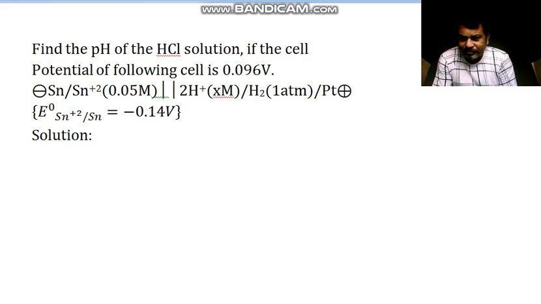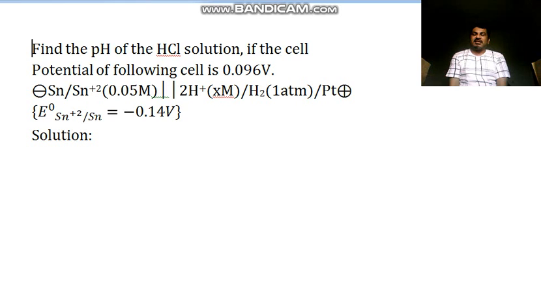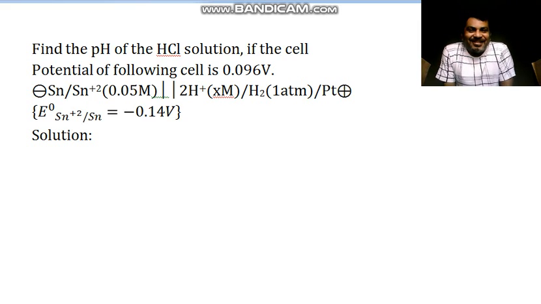See this question. Here we are given: find the pH of the HCl solution if the cell potential of the following cell is 0.096 volt. The cell is given as Sn by Sn plus 2, whose concentration is 0.05 molar, and the acid given there is HCl, which has only the concentration X. From this we have to find the pH.